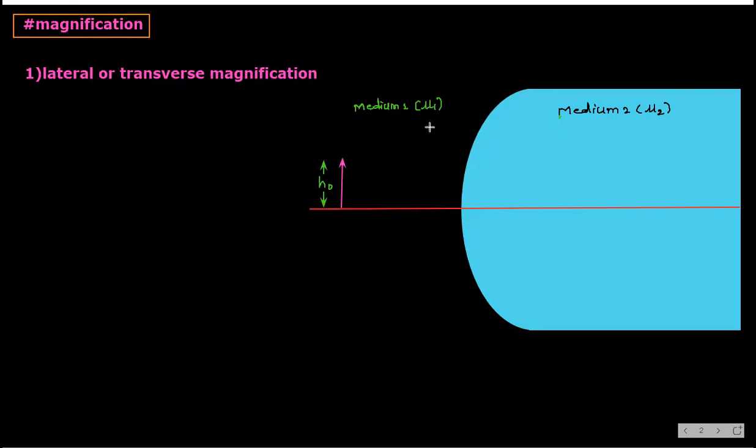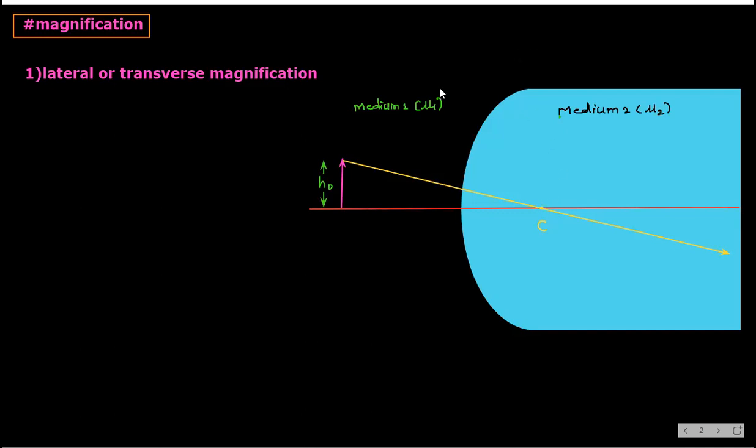So first light is coming like this and going through the center of curvature, suppose somewhere here. If it is going through the center of curvature, it will go undeviated. Clear? So like this it is going, and assume this point is the center of curvature.